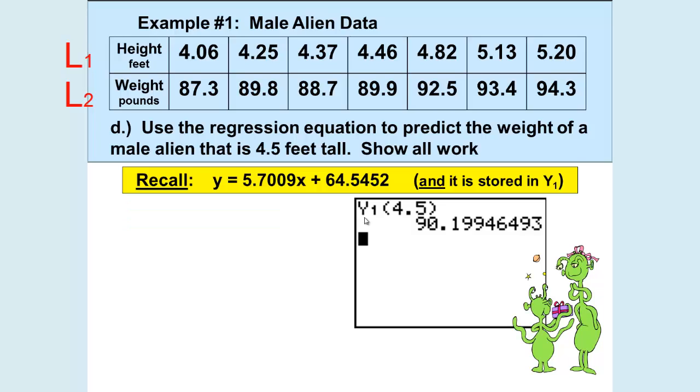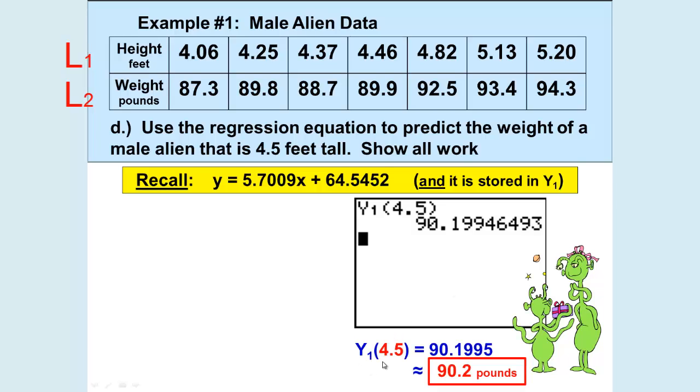In this case, we would type in 4.5, then close the parentheses and press enter. Notice we get 90.199469493. It is a little bit different in the decimal, but it's accurate out to a couple of decimal places.